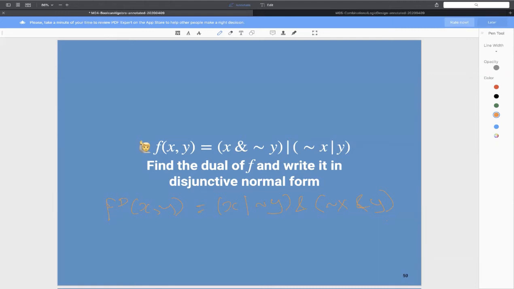Now, I'll leave it up to you to attempt to write it in a disjunctive normal form. Well, let's make a start. So I'm going to take the cheap, easier way out.